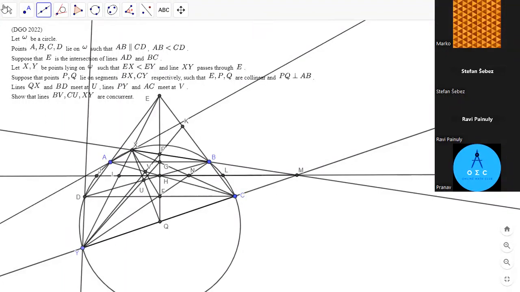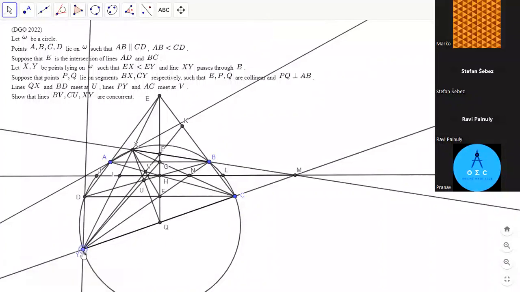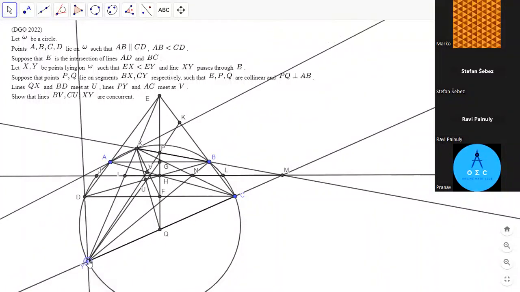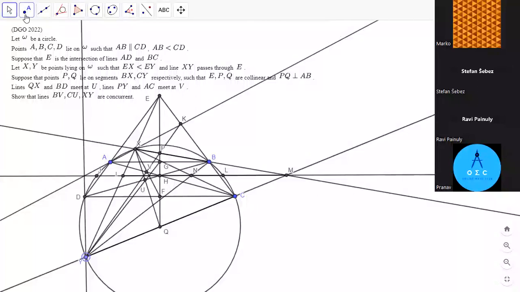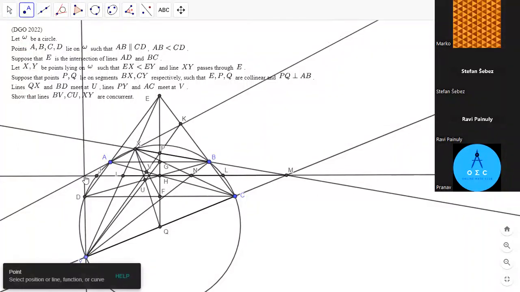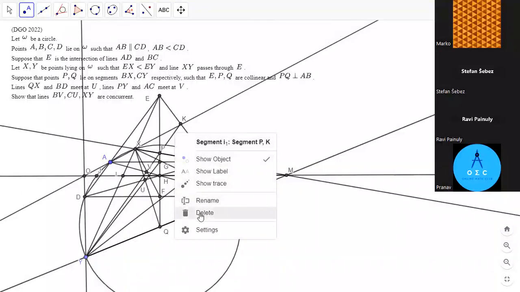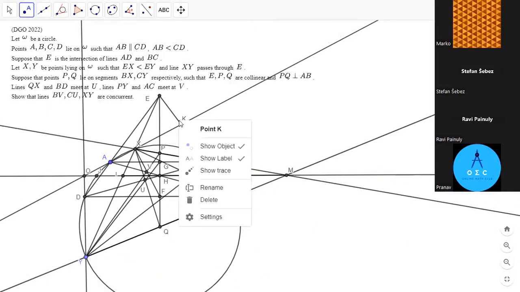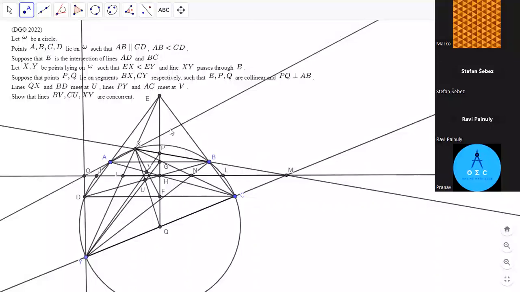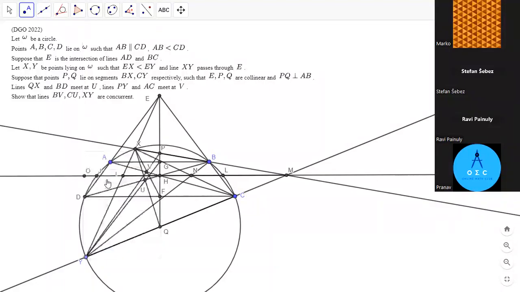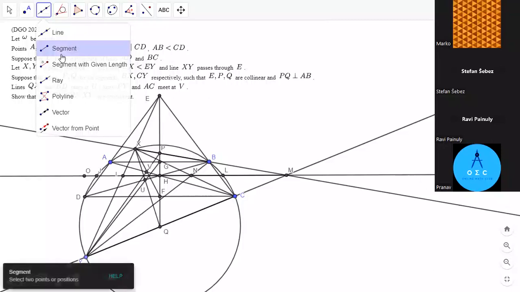So these look like they all lie on the polar. Get rid of point K. I think we're getting close here.